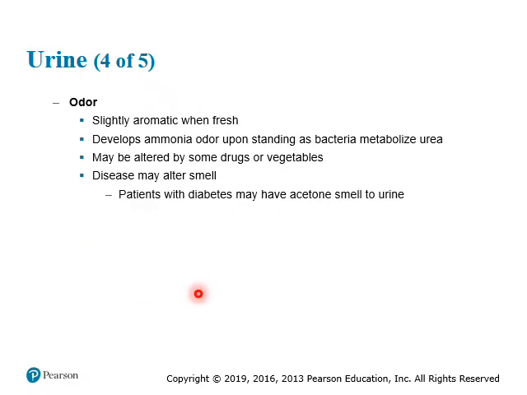The odor is slightly aromatic when fresh. It develops an ammonia odor upon standing as bacteria metabolize urea. It may be altered by some drugs or vegetables. Disease may alter the smell. Patients with diabetes may have an acetone smell to the urine.